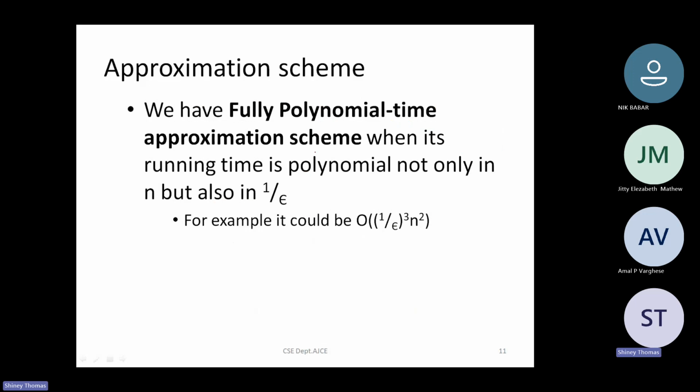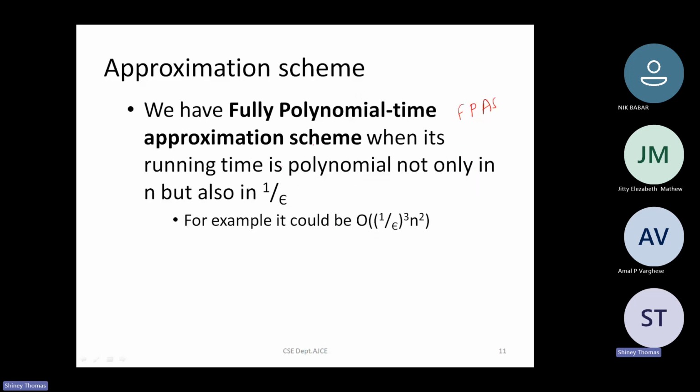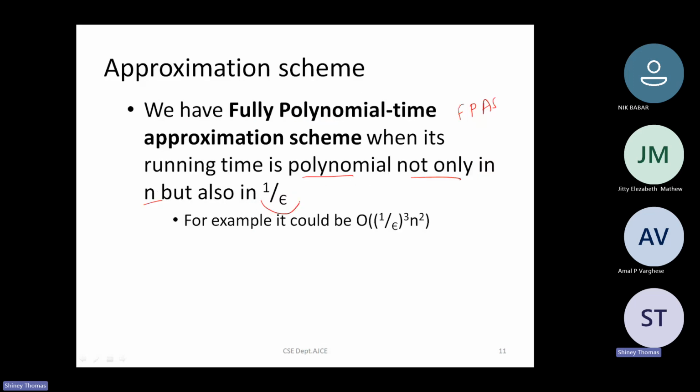Then there is also another kind, the fully polynomial time approximation scheme. When you search on the net, you will see short forms like PTAS and FPTAS. In a fully polynomial time approximation scheme, the running time is polynomial not only in n, but there is also one more factor, 1 by epsilon.